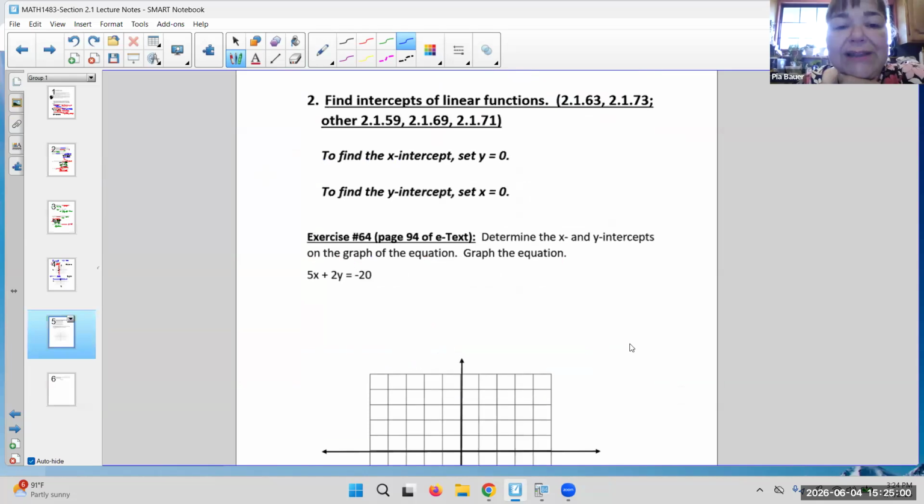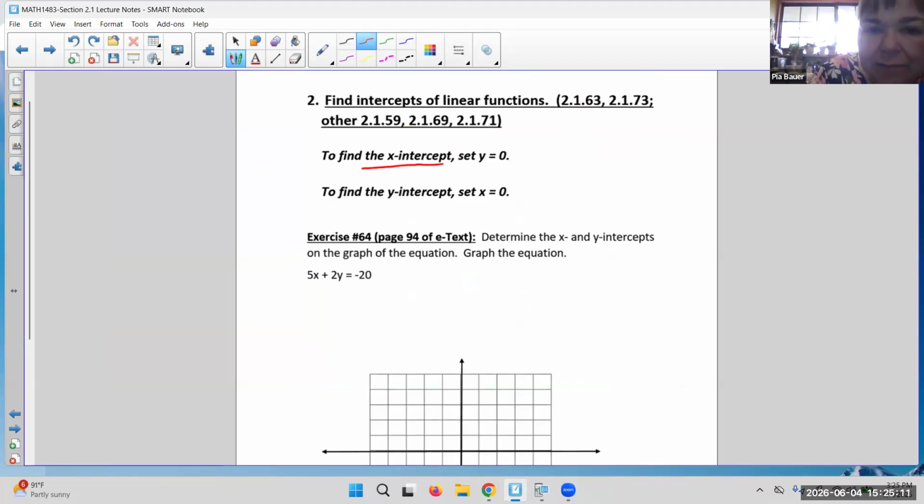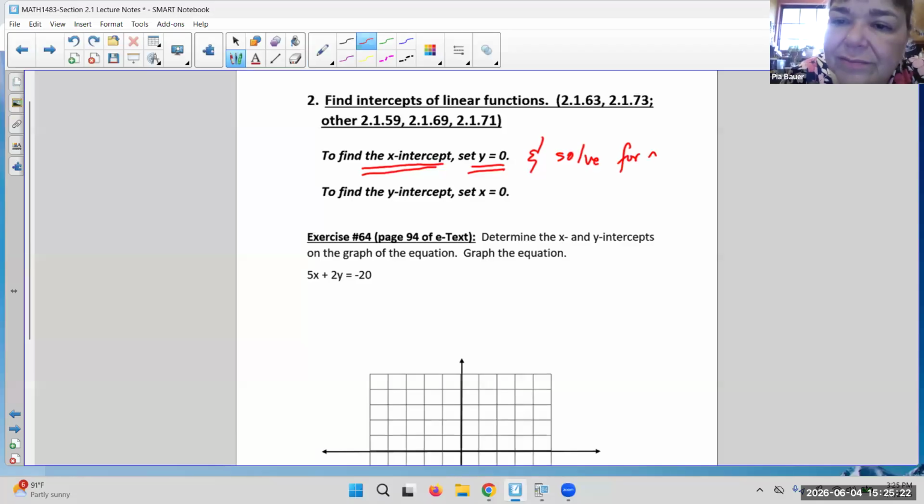Okay, next we're going to look at the intercepts of the linear function. And this is the rule for any type of equation. When you are looking for the x-intercept, you set y equal to 0 and solve for x. When you're looking for the y-intercept, you set x equal to 0 and you solve for y.